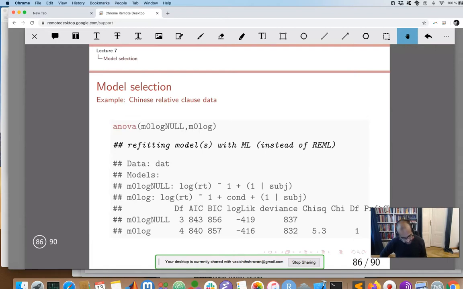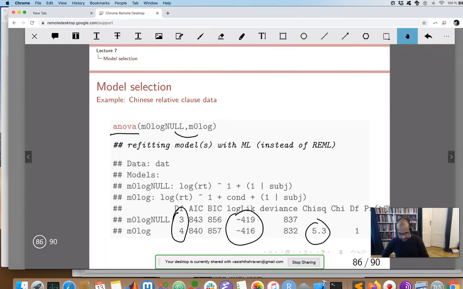So what we see here, using the ANOVA function to compare the null and the alternative model, is there's a difference of one parameter between the two models, of course, because the slope is either present or not, and minus 2 times the difference in log likelihoods has the value 5.3.